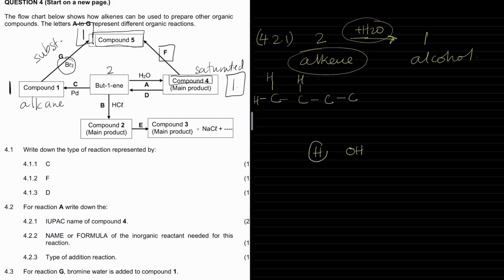So the H will go to the carbon with the most H's. So between the two, it means the H is going to go here. That means the OH will go here. So if you're going to name this, this is going to be butan-1-ol, or butan-2-ol. Sorry, butan-2-ol.